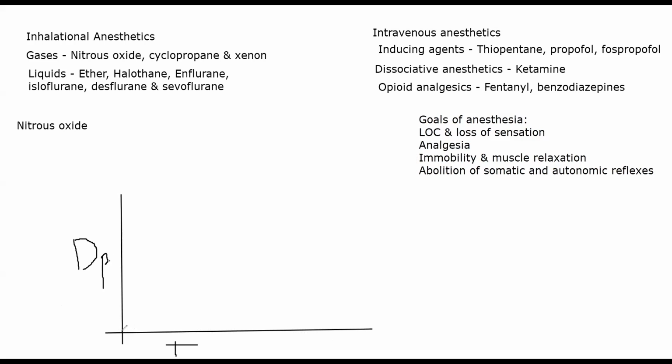Okay, the steeper the graph, in the sense that the more the graph is like this, basically indicates that it is taking lesser time to achieve this level of depth of anesthesia. If I draw another agent that looks like this, it basically indicates that it is taking more time and giving a lesser amount of depth of anesthesia.